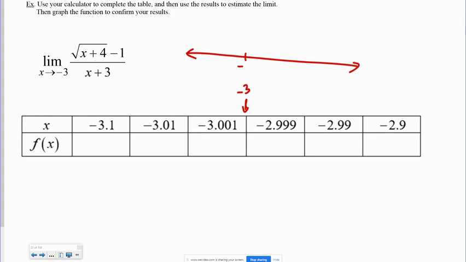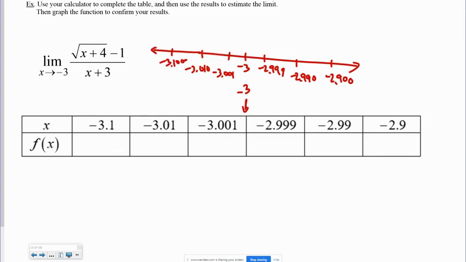If -3 is here, is -2.999 on its right, and then -2.99 next to it, and then -2.9 next to it? Right? Because this should be approaching 0 as I go to the right. And on the left side, is this -3.001, and then -3.01, and then finally -3.1? Am I getting closer and closer, or am I getting more and more negative as I go this way? And yes, I am.